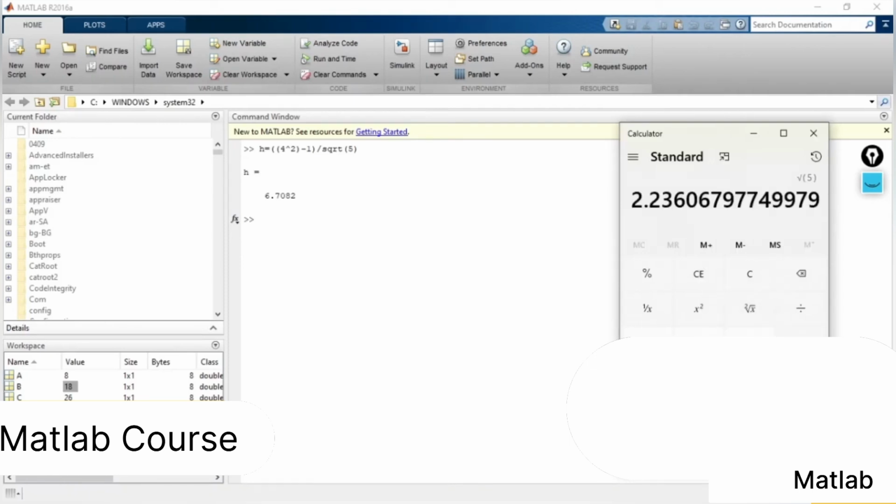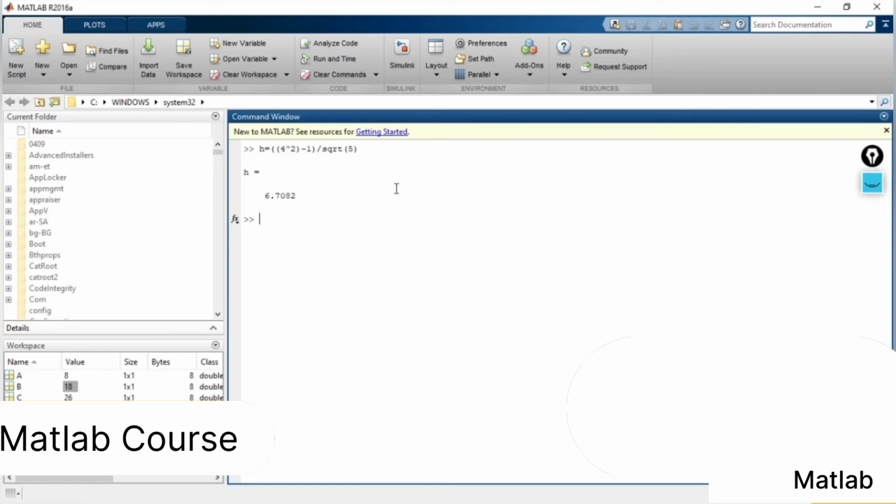Under root 5 is 2.23. 15 divided by 2.23 gives us 6.72, and our answer is 6.708. So it's almost the same. This minor difference is because of the number of digits, the accuracy that we have taken in the calculator, which is different from MATLAB. So the answer is correct.